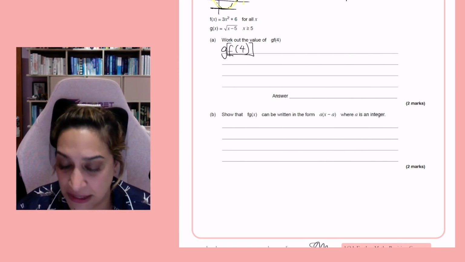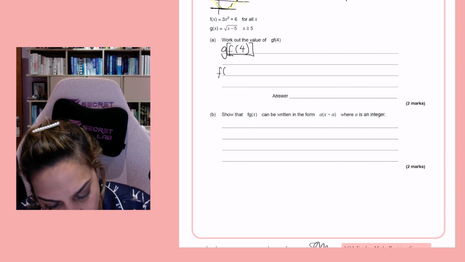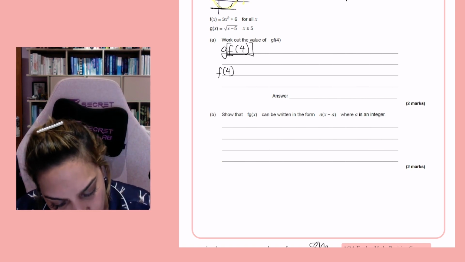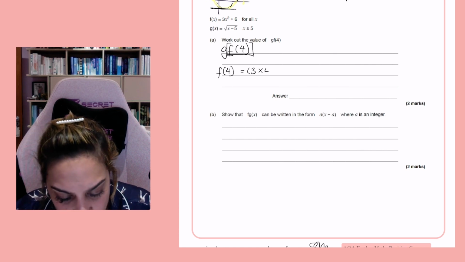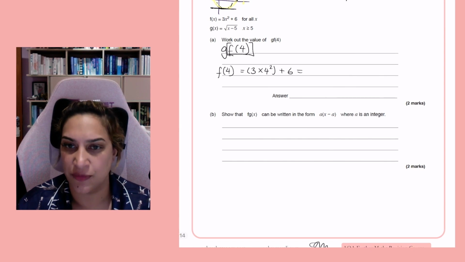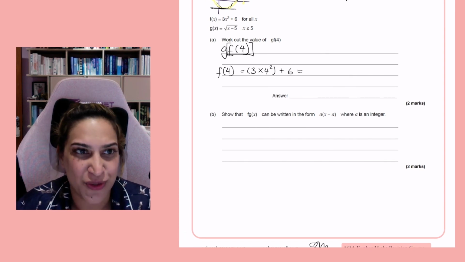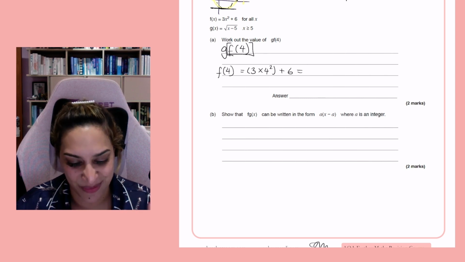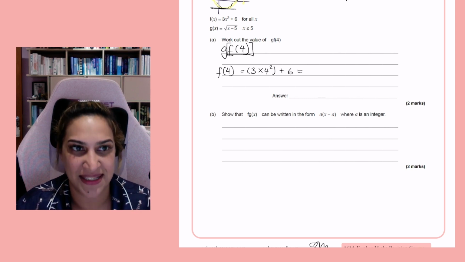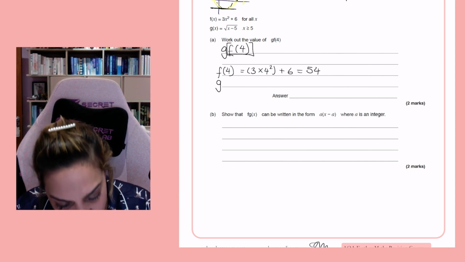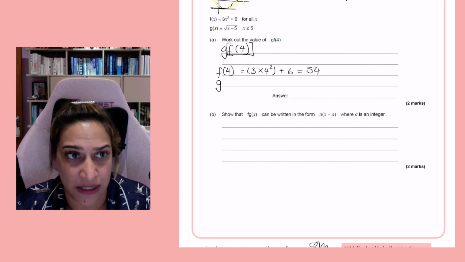We first find f(4), which just means replacing the x with a 4. So I've got 3 times 4 squared plus 6. 4 squared is 16, times 3 plus 6 gives me 54. And now I've got g of f of 4, which is g(54).